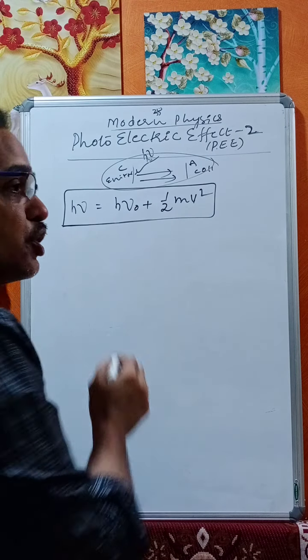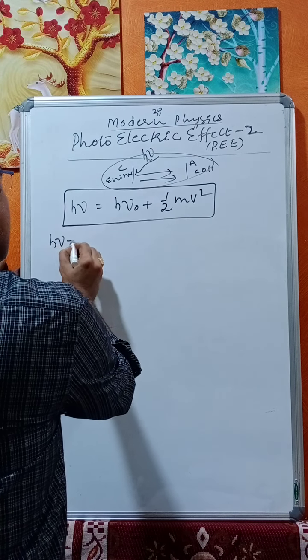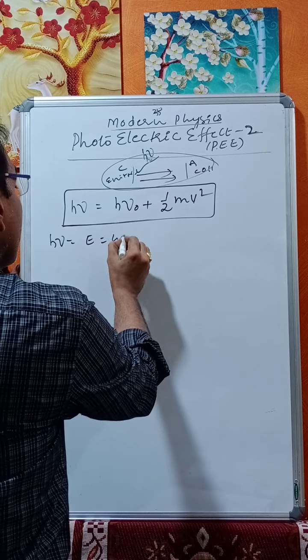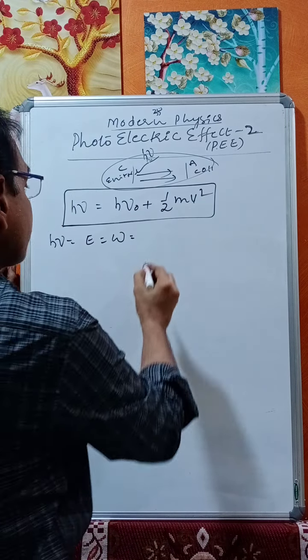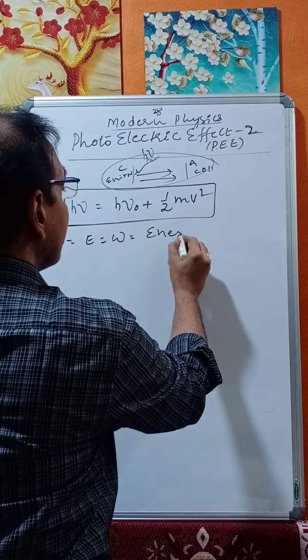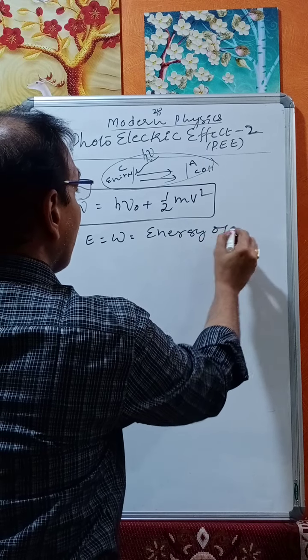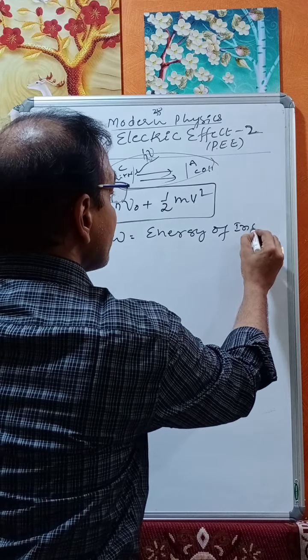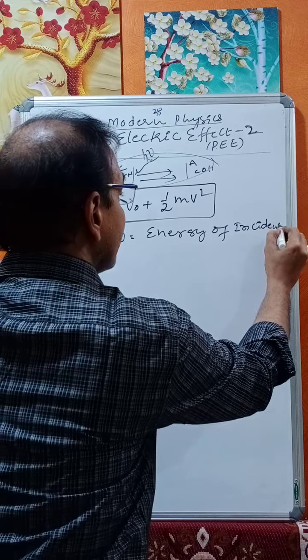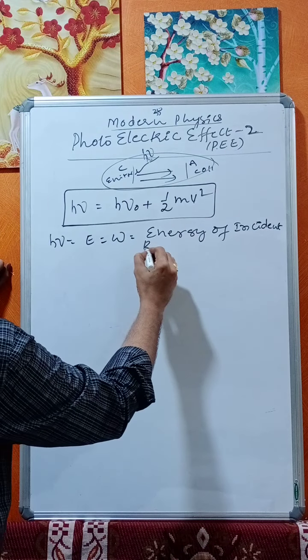Now what is h nu? H nu we call it E, or we can call it W. It is the energy of incident radiation.